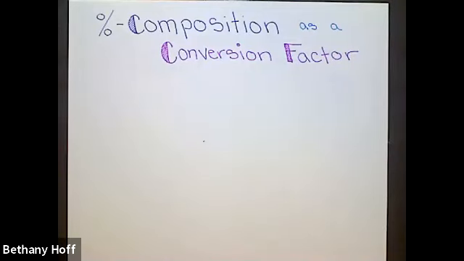All right, so what we're going to be looking at today is using our percent composition as a conversion factor. What we talked about last week was percent composition. And just a reminder of what percent composition is, we did have a formula.